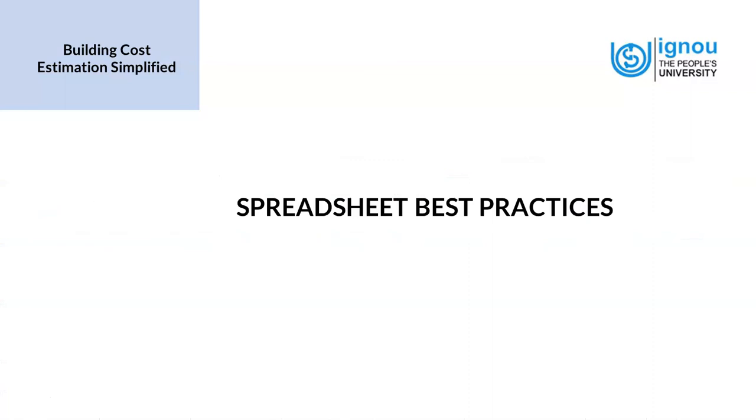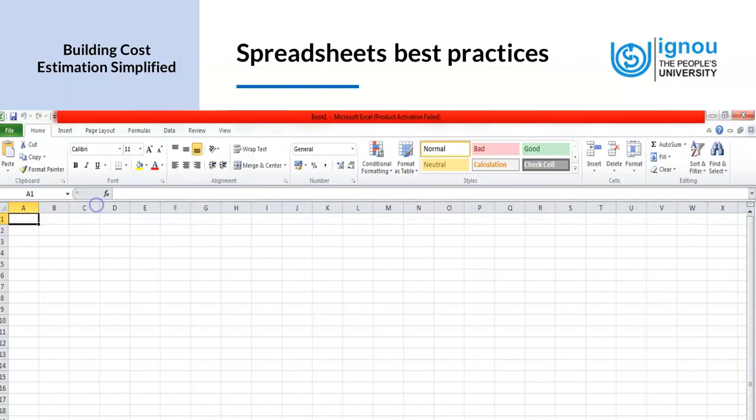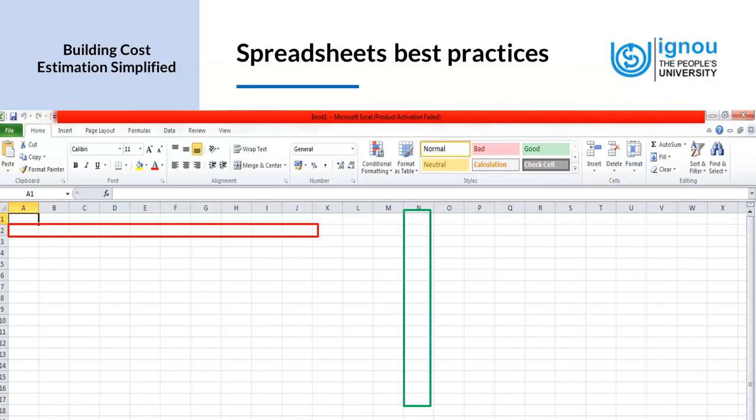Some of the best practices of spreadsheets. The cells are these individual units. Then rows are the horizontal lines of the cells and columns are the vertical lines of the cells.